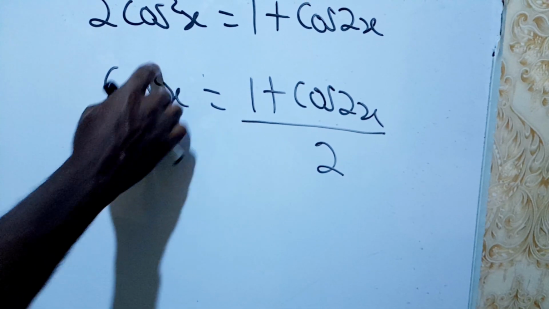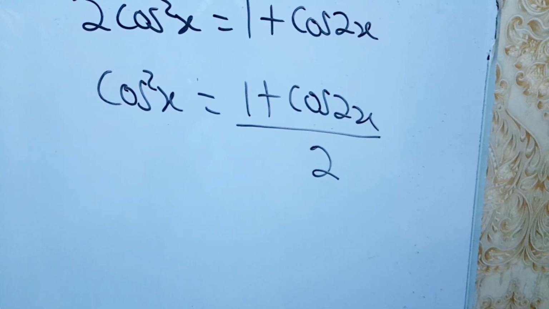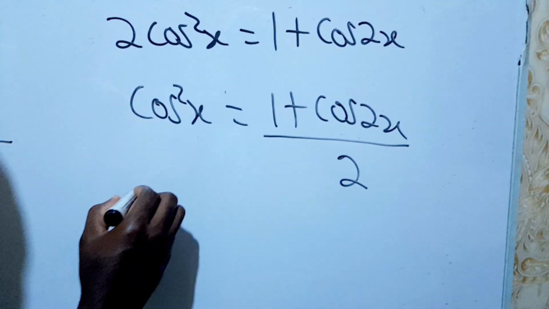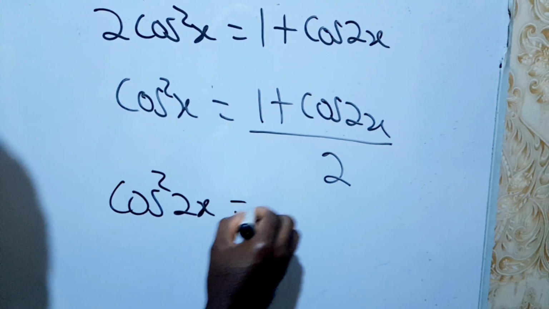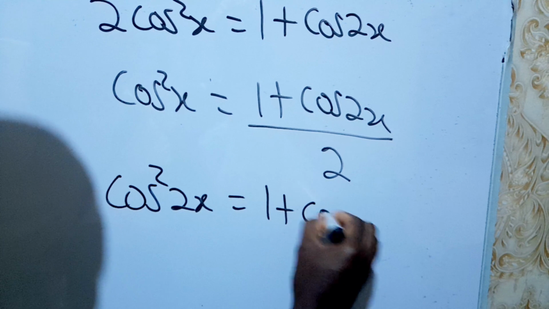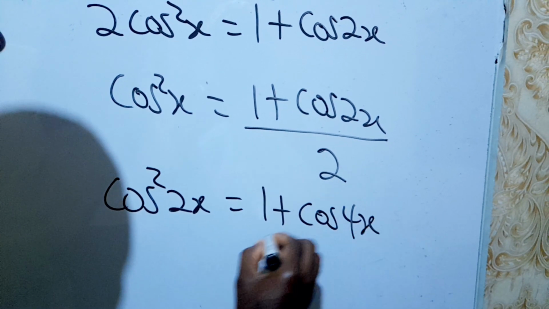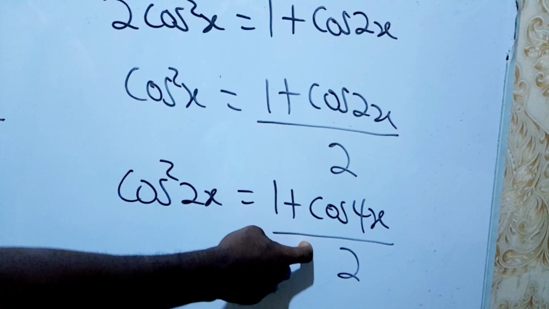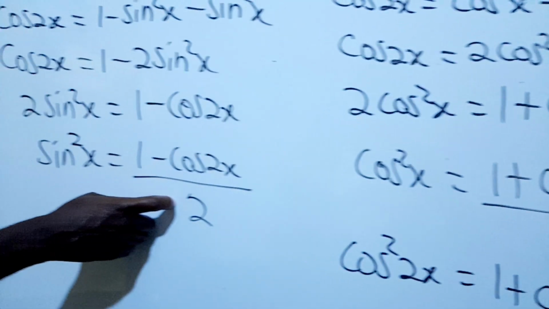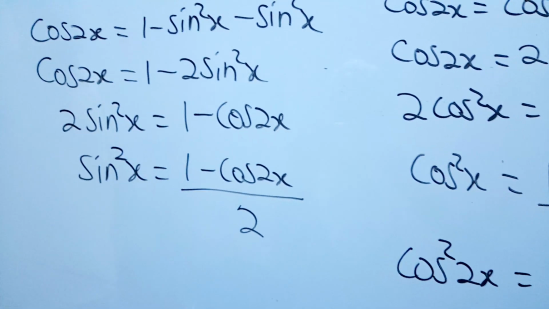So if cos square x is equal to 1 plus cos 2x all over 2, then we can say our cos square 2x will be equal to 1 plus cos 4x all over 2. So this identity will help us find the solution to our problem.